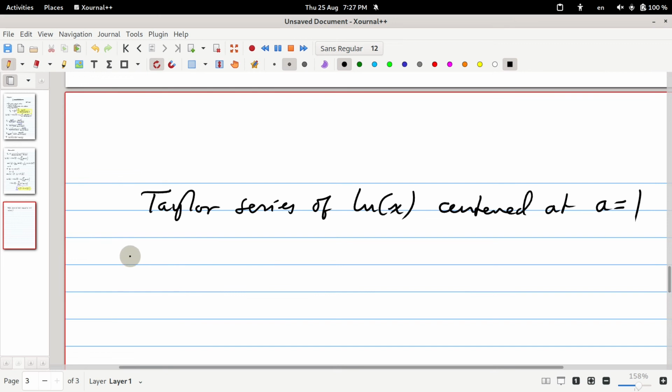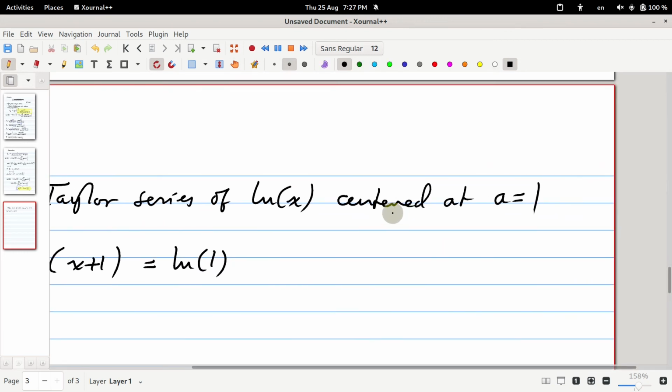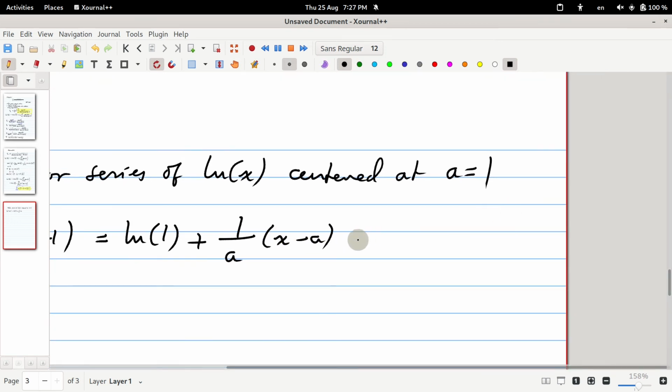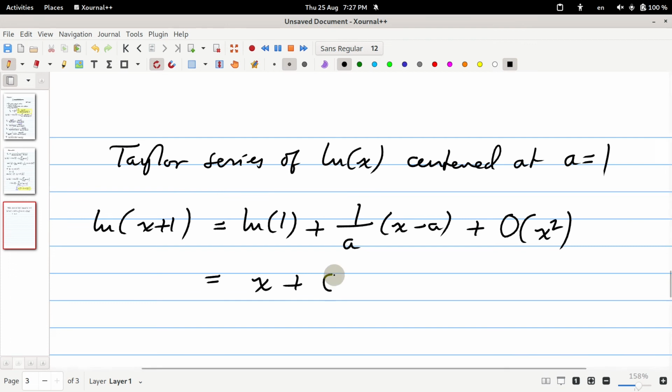So that would be ln of x plus 1 equals ln of 1 plus 1 over a multiplied by x minus a plus the rest of the terms. So that would be x squared. So this is just x plus 0 times x squared.